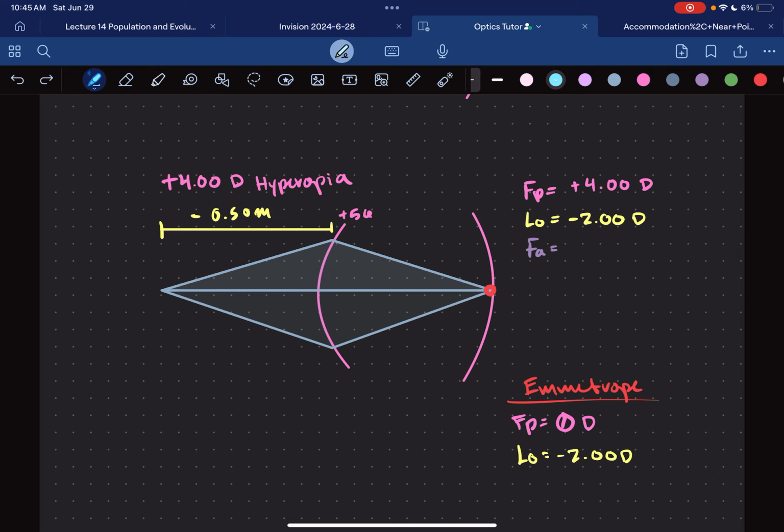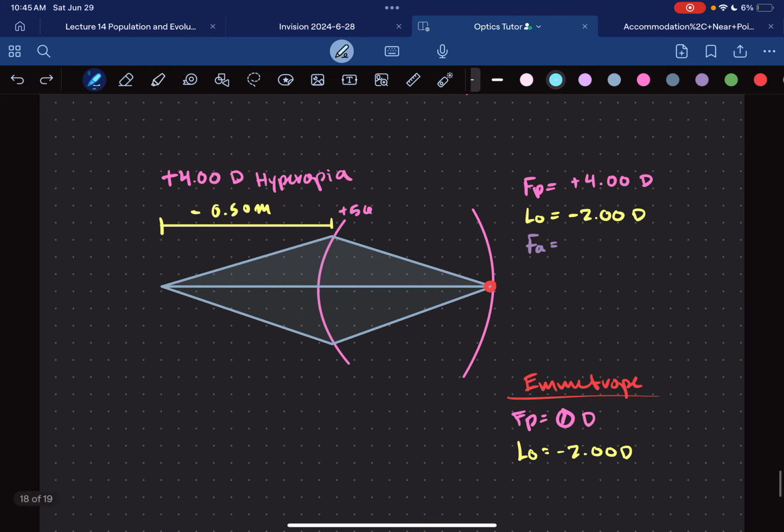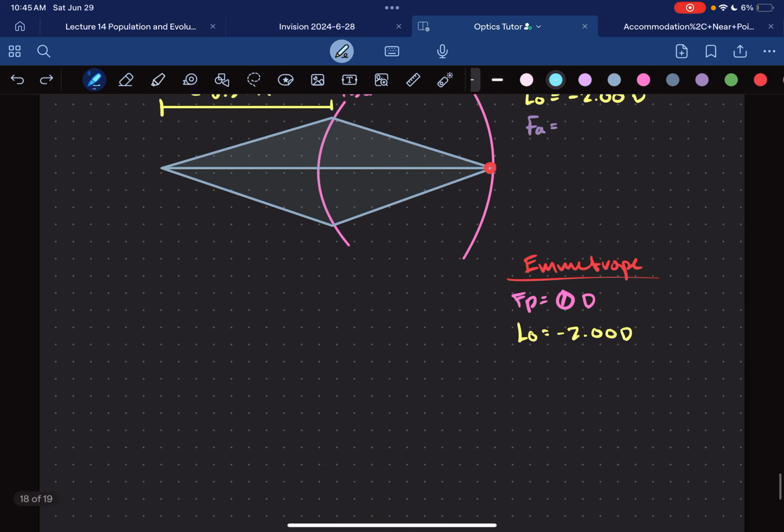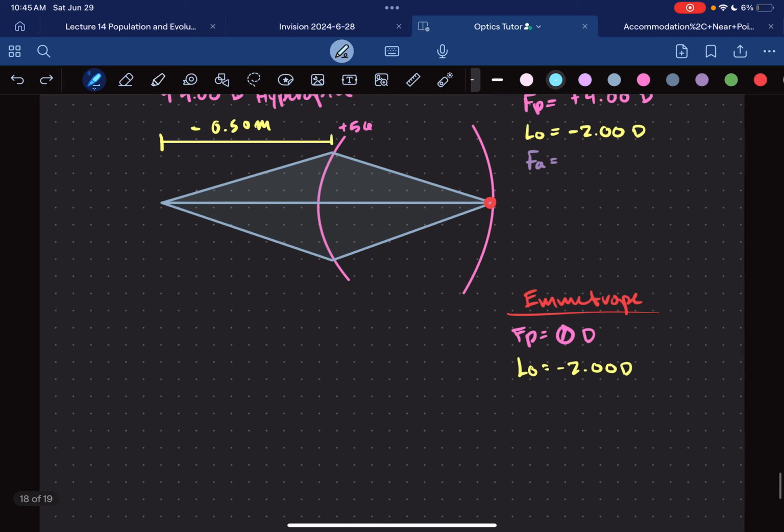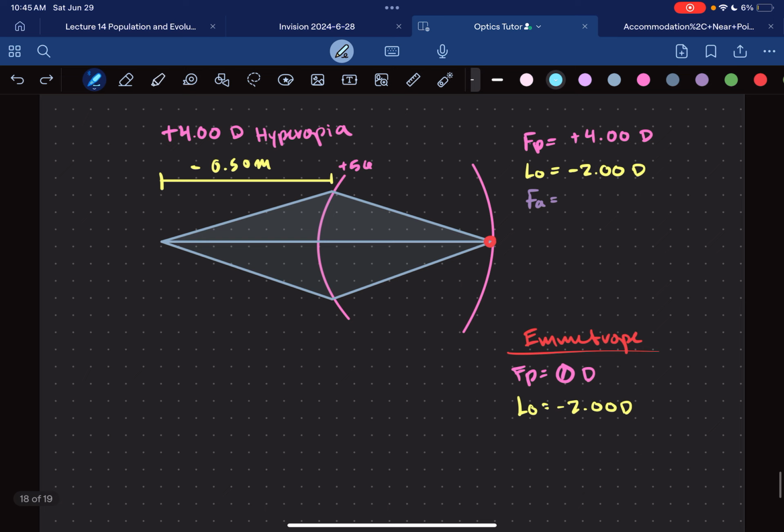This person is looking at something that's 50 centimeters away, so I'm going to find the object divergence of that, so it's -2. And so if it was an emmetrope, they would have to accommodate a +2 in order to make it clear. And then I'm like, oh, but this is a hyperope, so I'm just going to add on 4.